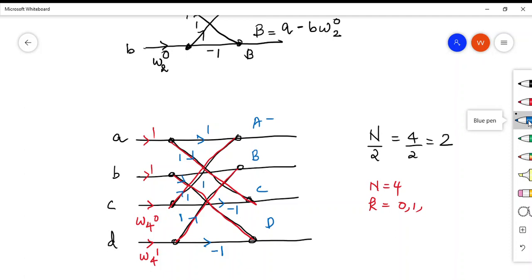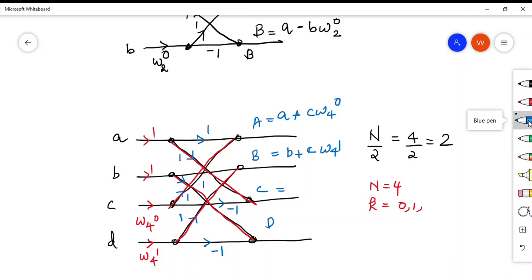Now what will be A? A will be equal to A plus C W4 0. B will be equal to B plus D W4 1.